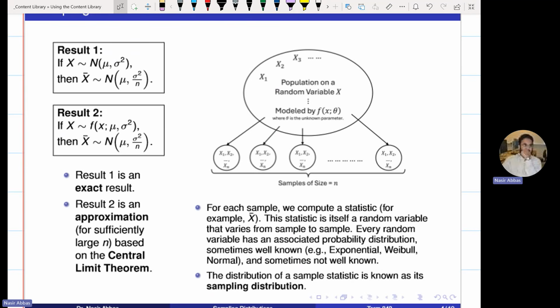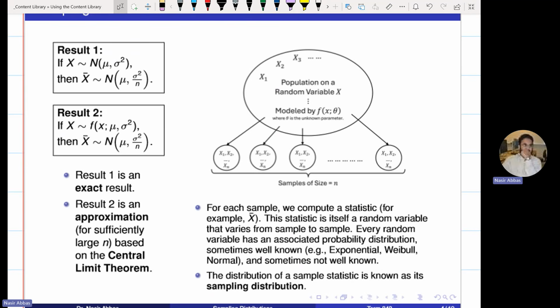And then every random variable has an associated probability distribution, sometimes well-known like exponential, Weibull, normal, and so on, and sometimes not well-known. The distribution of a statistic, we name differently to differentiate it from the distribution of the original variable. For the variable, we call it probability distribution. For the estimator, we call it sampling distribution.